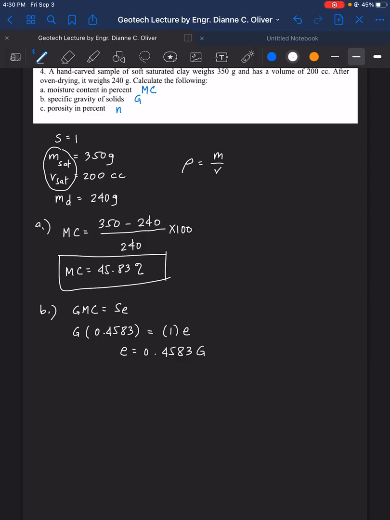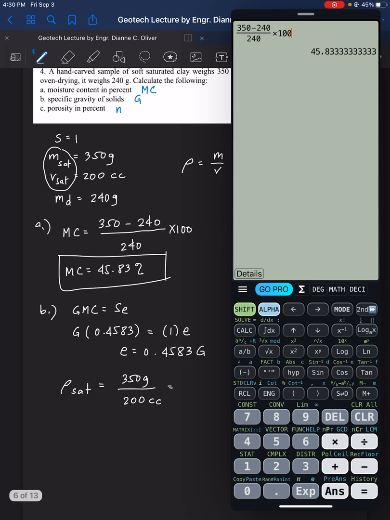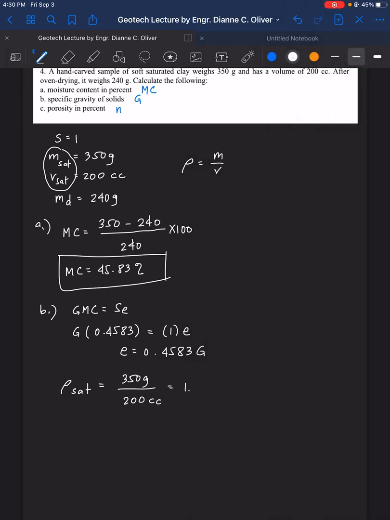Since we are dealing with saturated mass and saturated volume, we have here gamma sat, or that is rho sat, equals the mass, that is 350 grams, and the saturated volume, 200 cc. So how much is that? 350 divided by 200, 1.75. So gamma sat is 1.75 gram per cc.